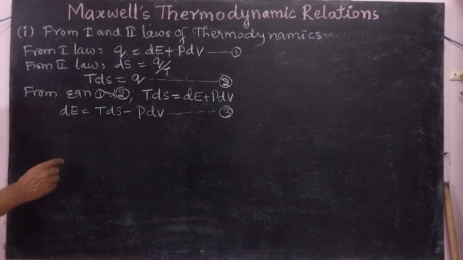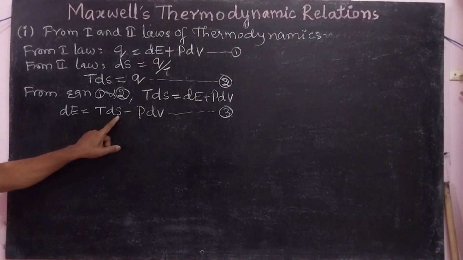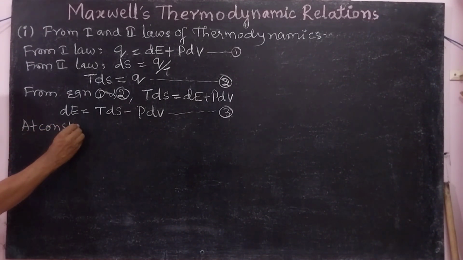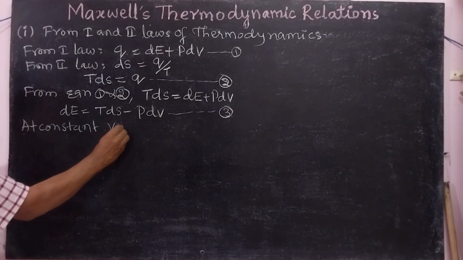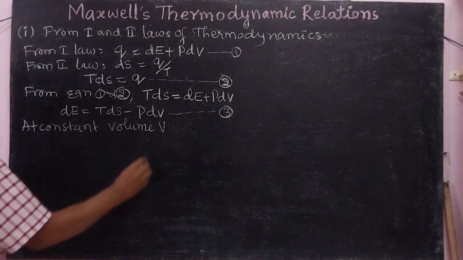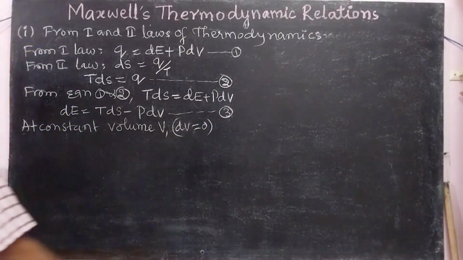Now we can apply the condition at constant volume and at constant entropy. At constant volume, dV equals 0.